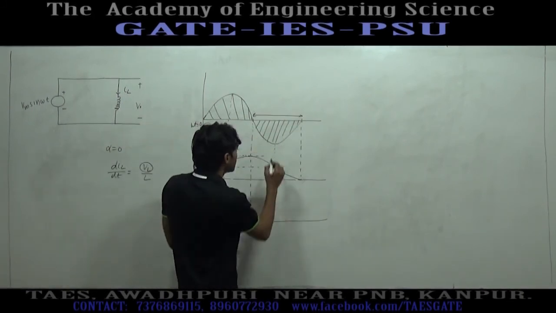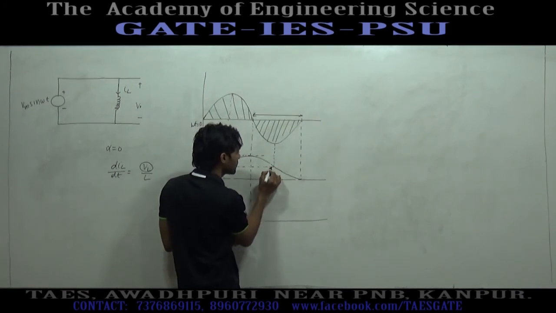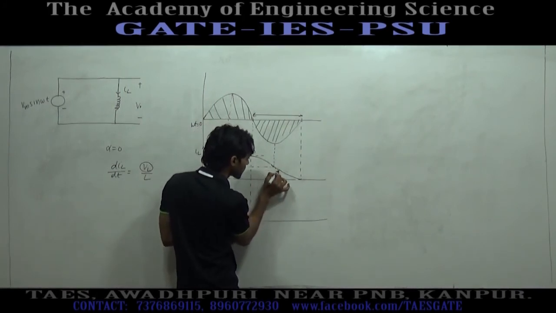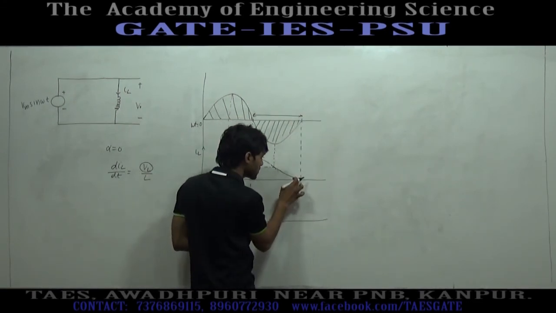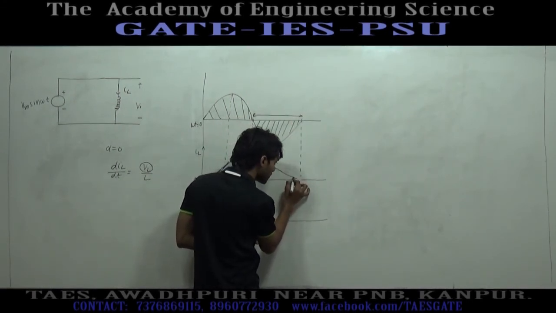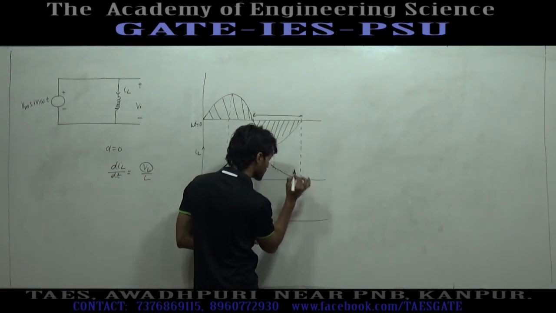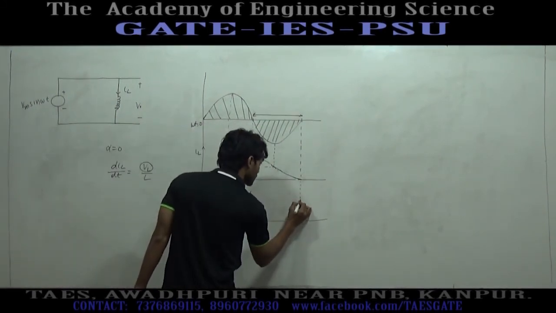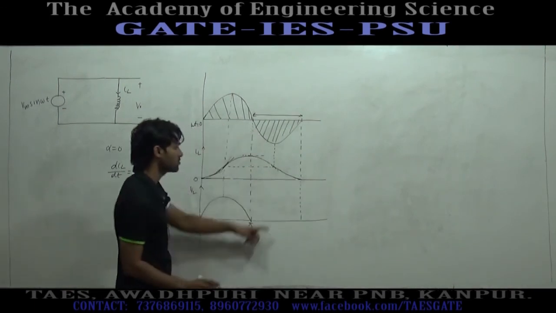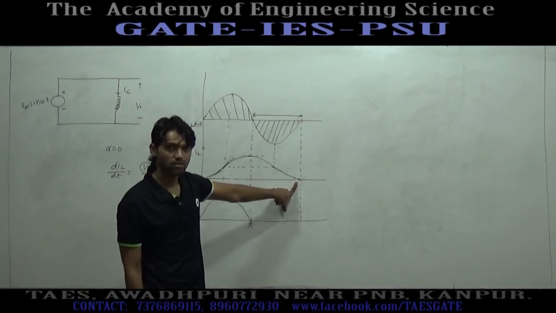At this point the voltage is maximum negative, hence the slope is maximum negative. At this point again the voltage is 0, hence the slope of the inductor graph will be almost parallel to the x axis. Here the current becomes 0 and the slope of inductor current is also 0.